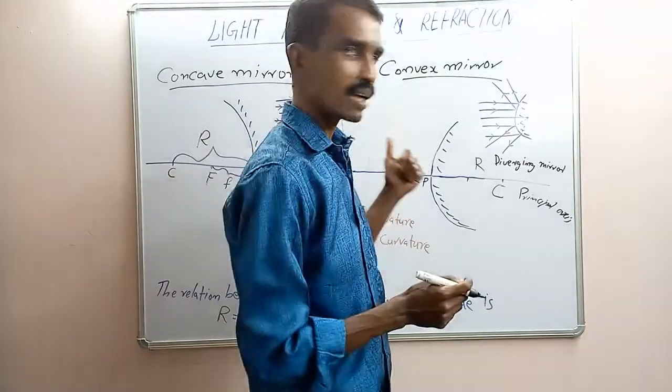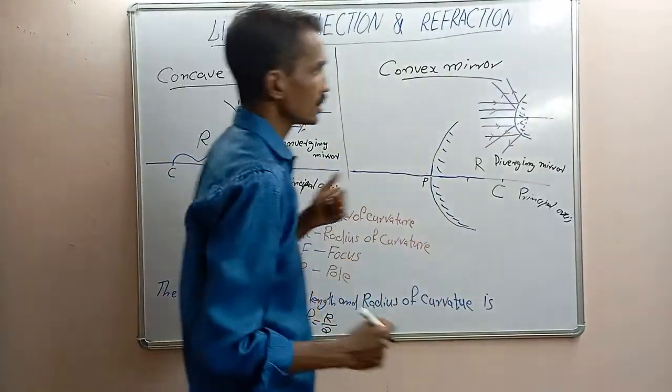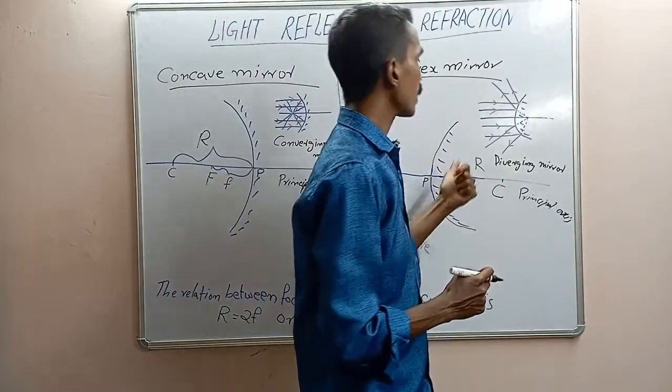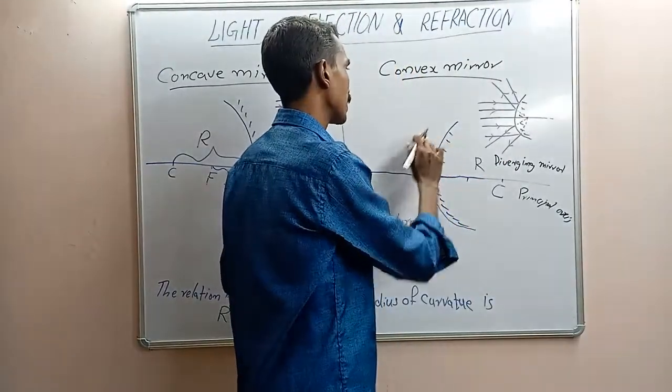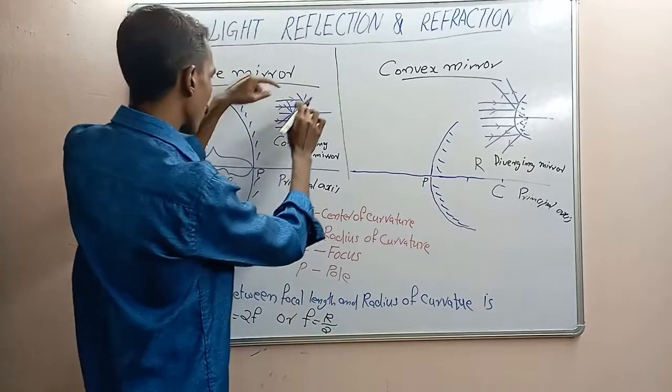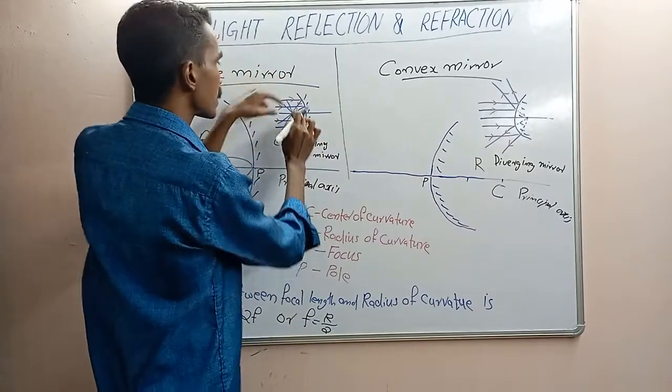Here, some problems where the focus occurs. In the case of a convex mirror, the reflected rays do not meet in a particular point.